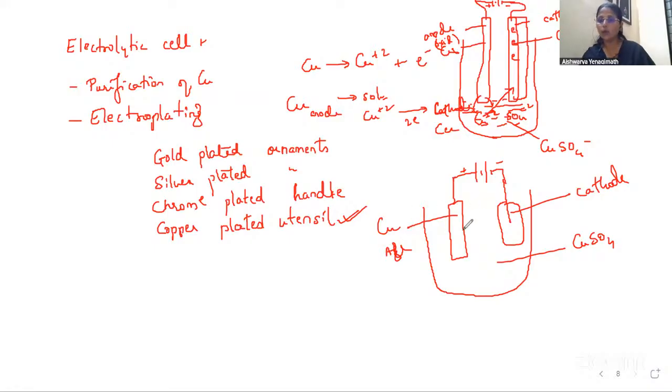Copper from the anode will lose electrons. It will come into solution as Cu2+, and this Cu2+ will see the electrons here because there is electron flow, and will go and take the electrons. That means it will go on depositing on the cathode, on the article which is placed on the cathode. Getting it? So this is about electrolysis.